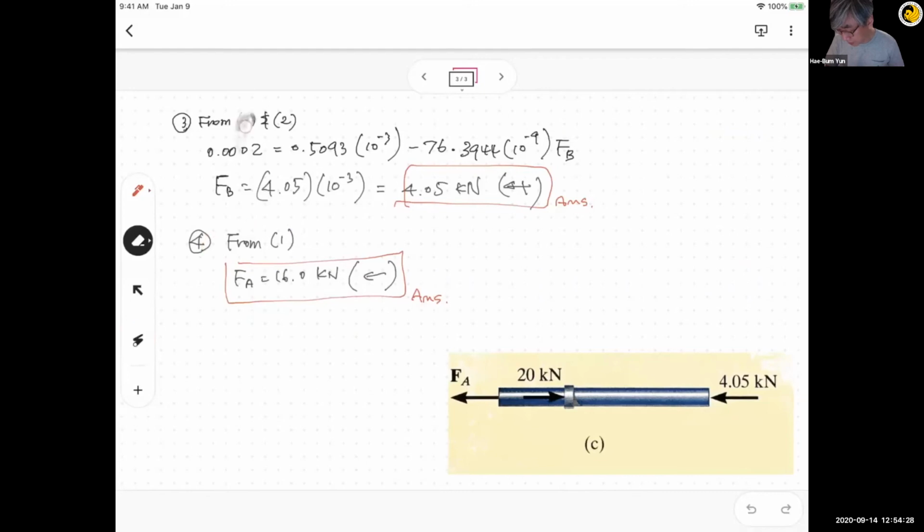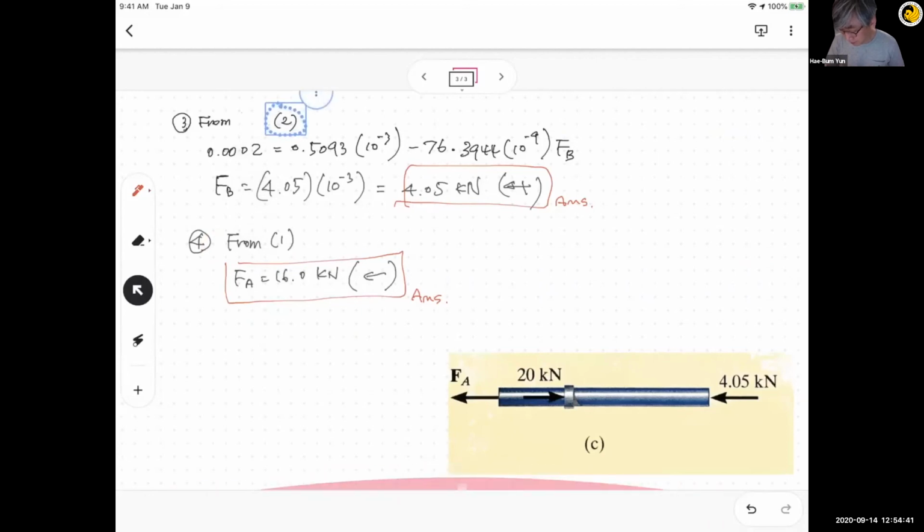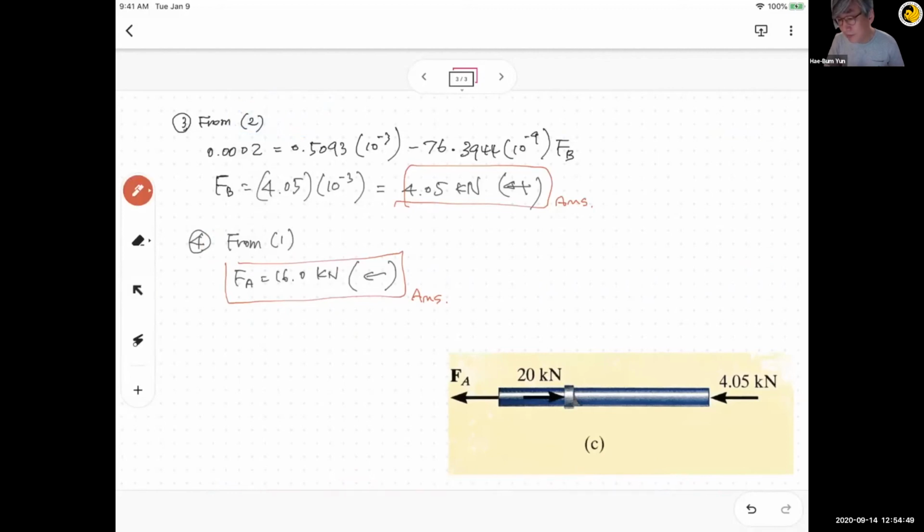So I didn't use equation 1. Yep, thanks for that.